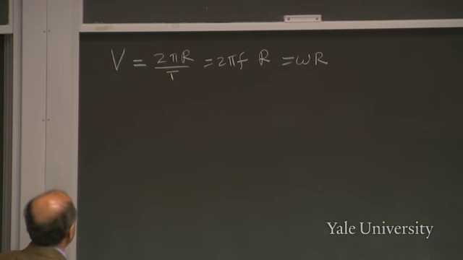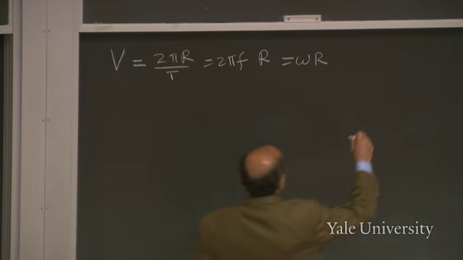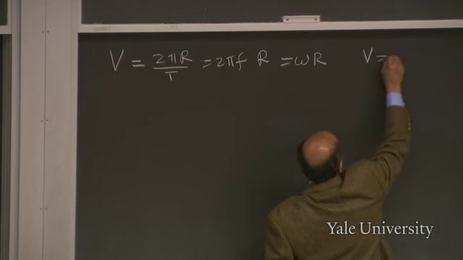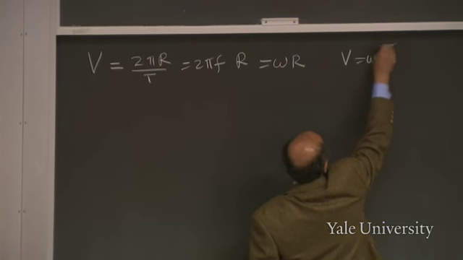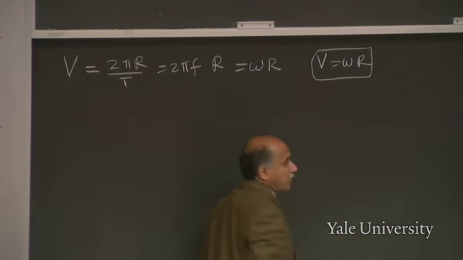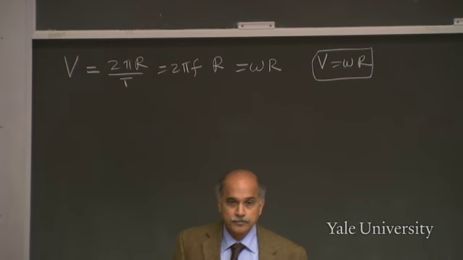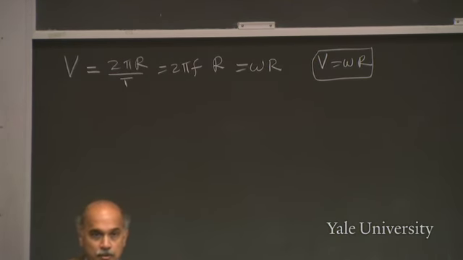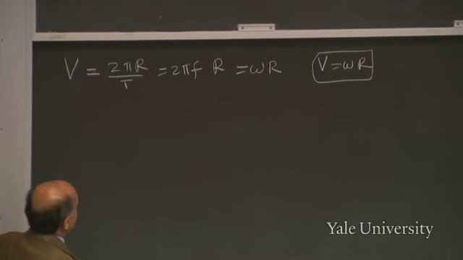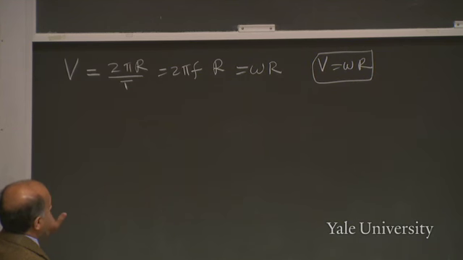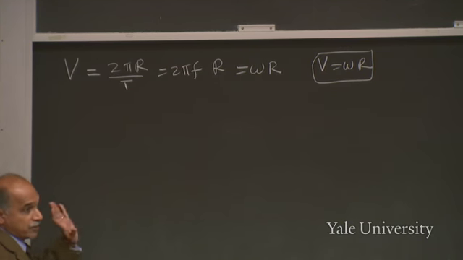So here is the connection between linear velocity and angular velocity if you're rolling without slipping. V equals omega r. All right? So in general, v and omega are independent, but rolling without slipping refers to a particular situation.